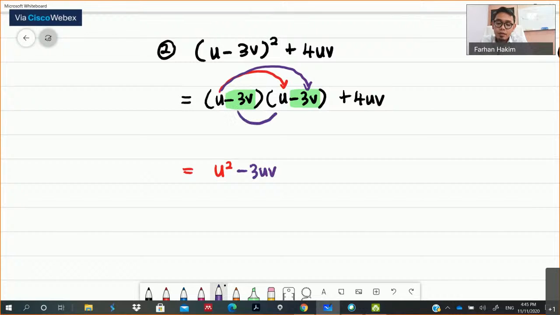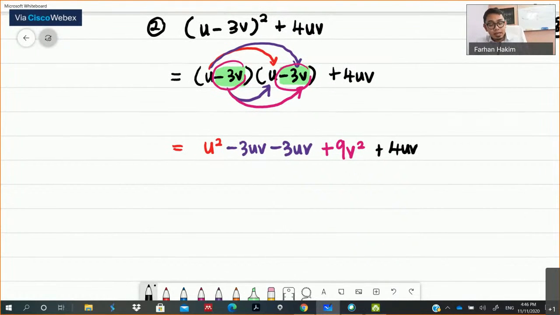Negative 3v multiplied by u will have negative 3uv. And finally, we have negative 3v multiplied by negative 3v. So negative multiplied by negative, we get positive. 3 multiplied by 3 will get 9. V multiplied by v will get v squared.